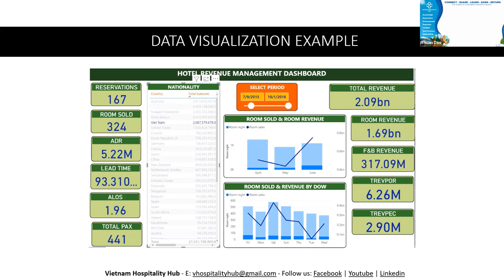Average length of stay, total pax, so I mean total guests, total revenue, room revenue, F&B revenue, and total revenue per occupied room, and total revenue per guest, per customer. So these are the key KPIs that revenue management usually works with. That's why I put in a dashboard like this.